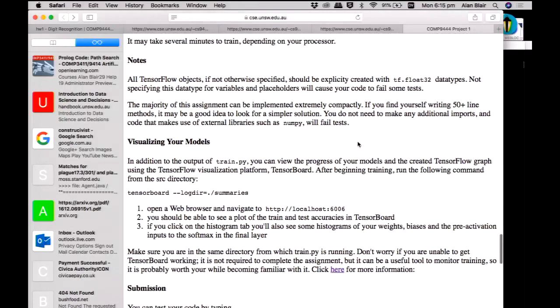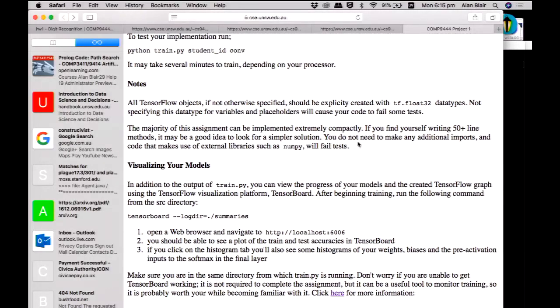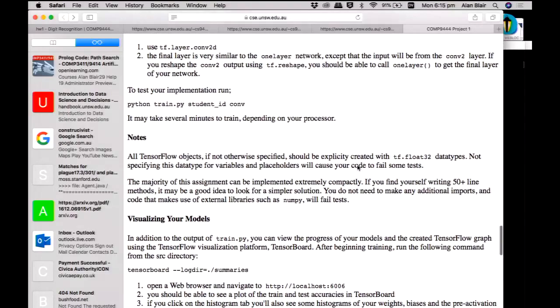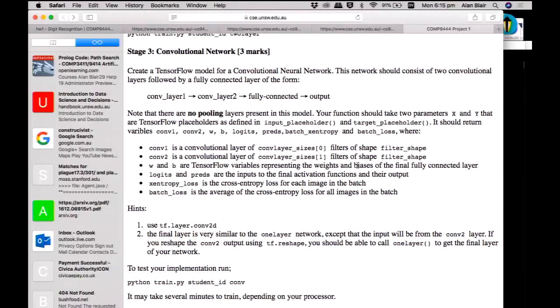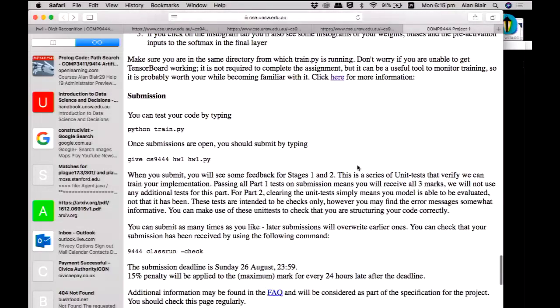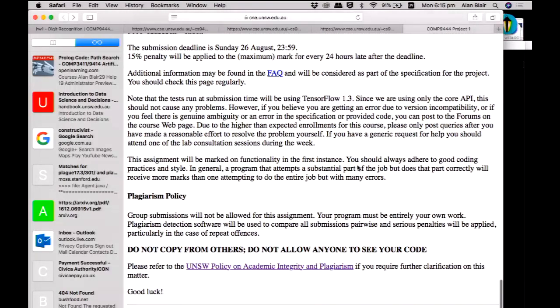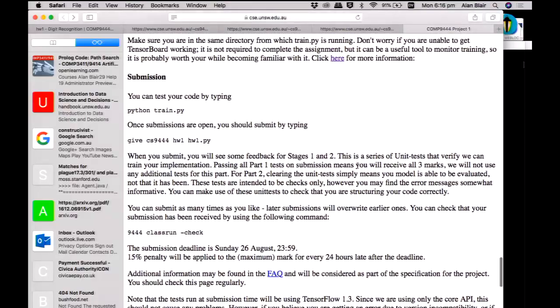It shouldn't make a difference because we're using the parts of TensorFlow that are basically common between 1.3 and 1.9. So there shouldn't be any issue about version numbers, but if you do come across any issue that we may not have come across, please post a message or email us or ask in the lab session and we'll look into it.